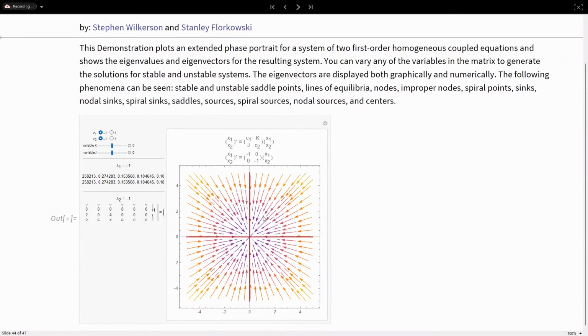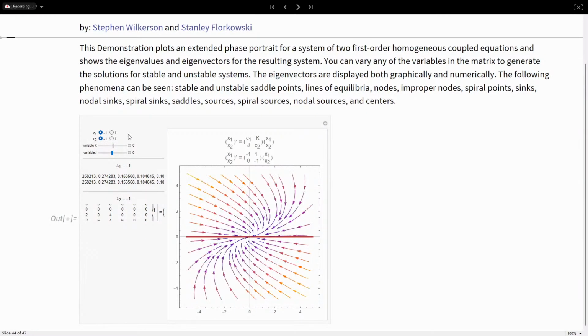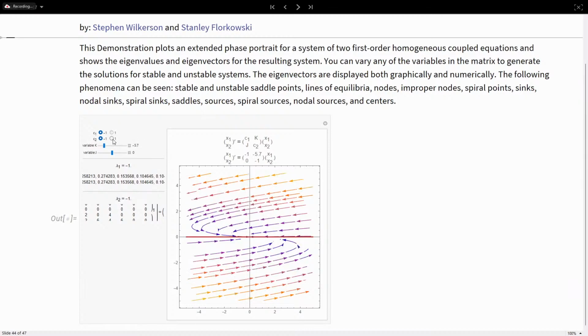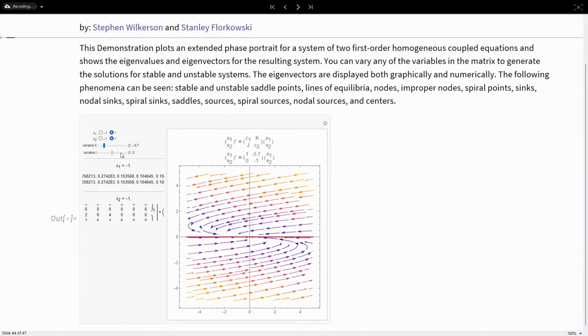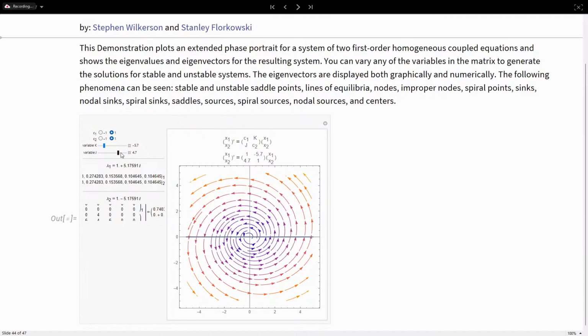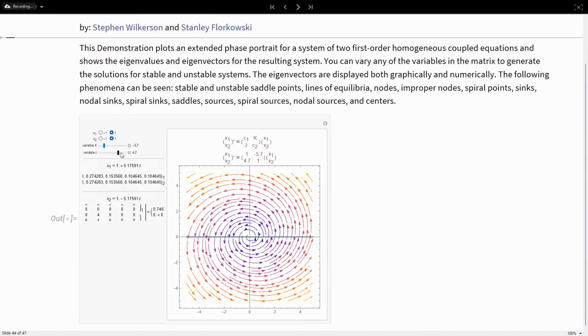We can also do things such as phase portraits with linear algebra. Once you have a set of matrices, you can look at what the behavior is as a vector field.